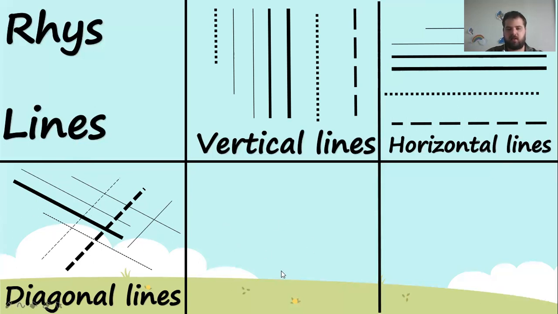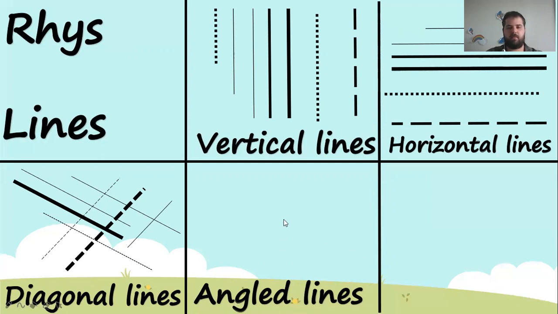Our next one is angled lines. So we can spell it. A-N-G-L-E-D, angled lines, L-I-N-E-S.